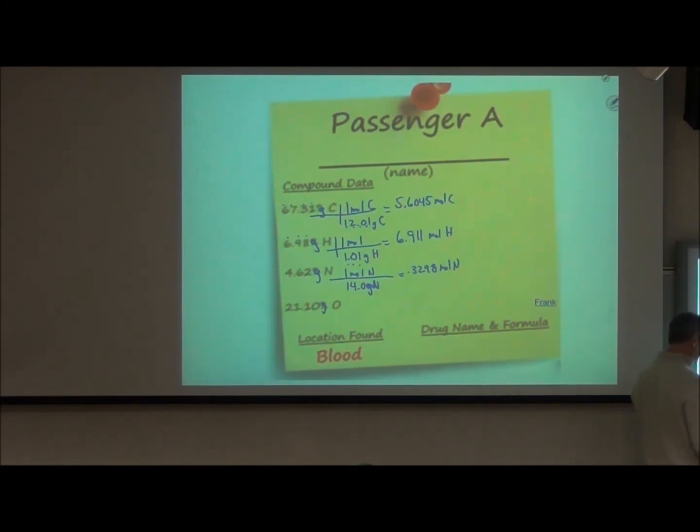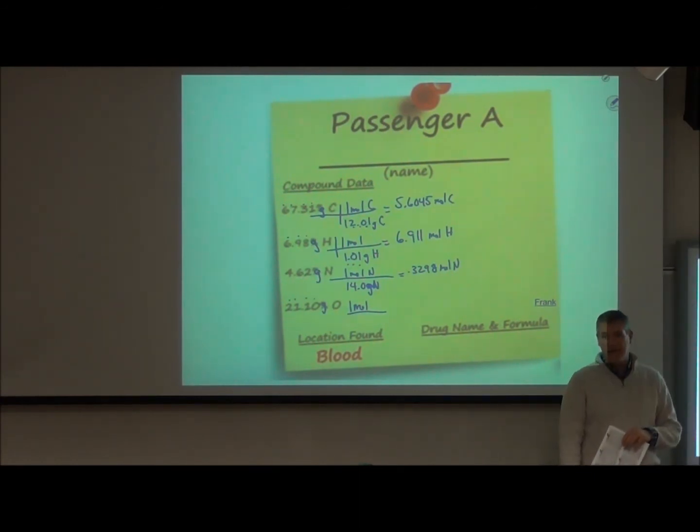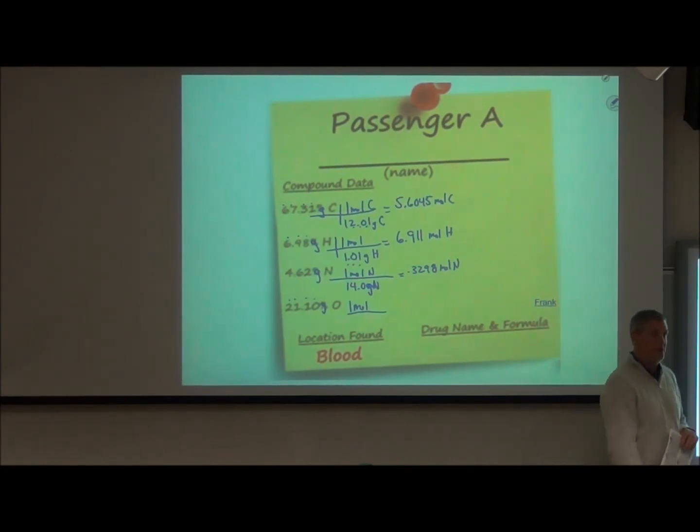And finally, oxygen. Four significant figures. The oxygen is 15.999. I don't know how many nines there are, but to keep that as 4 significant figures, that's going to become 16.00.